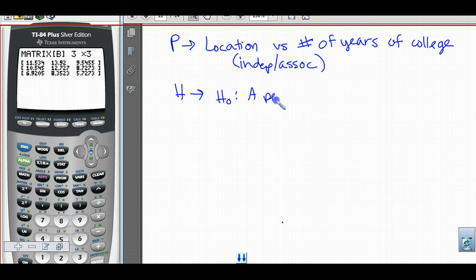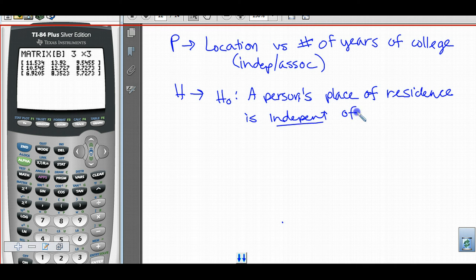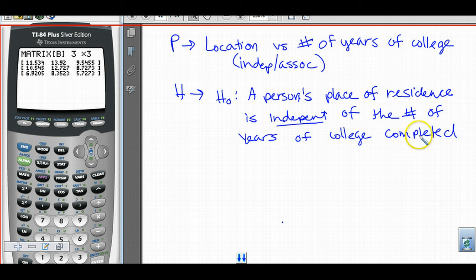So we're going to say a person's place of residence is independent of the number of years of college completed, which means that it doesn't matter how many years of college I completed based on where my residence. So it doesn't matter where I'm living because of that.